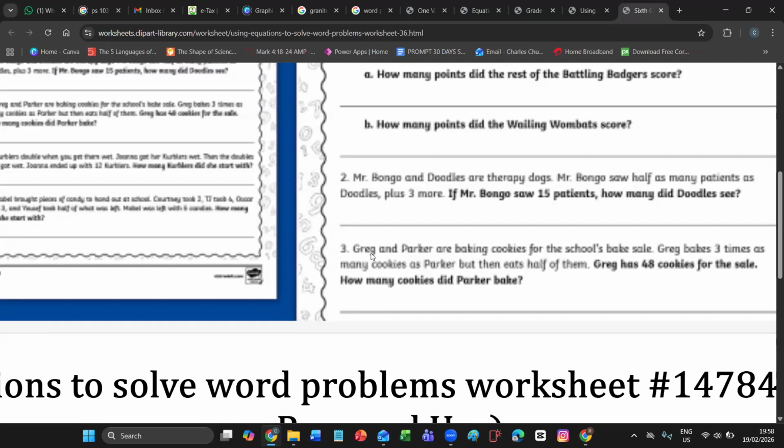Bongo saw half as many patients as Doodles. And then the next sentence now says Bongo saw 15 patients. So half as many as Doodles. Now notice it said plus 3 more. So if Bongo saw 15 patients, how many did Doodles see? So what do you think we'll do in this case?